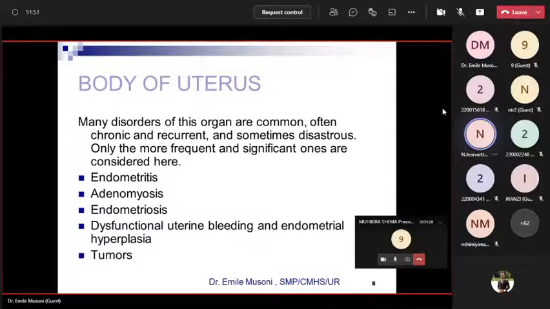Thank you, Prof. Okay. For the body of the uterus, the same as the cervix, there is inflammation, benign tumors, and malignant tumors. Here you see the endometritis, this is an inflammation caused by a microorganism.